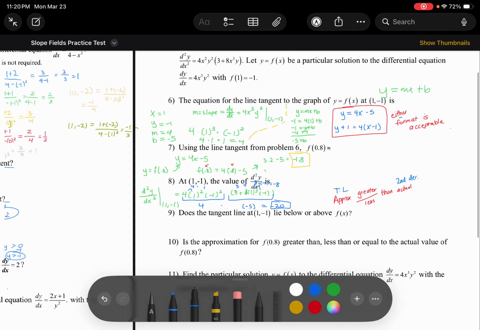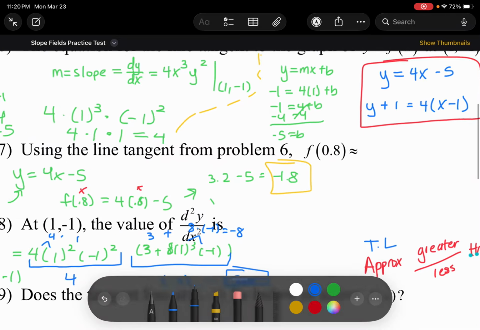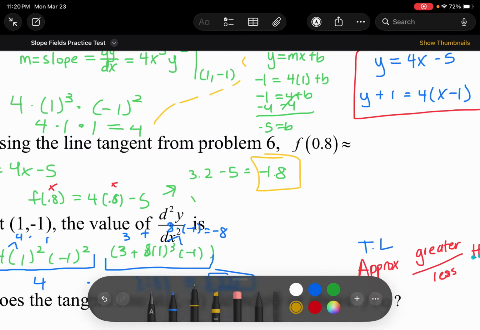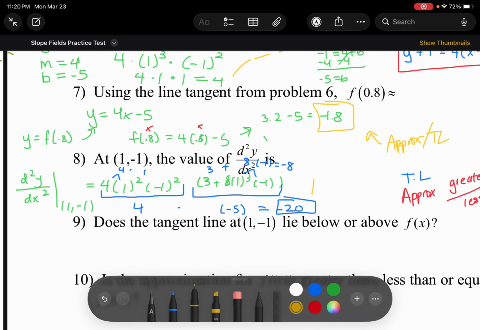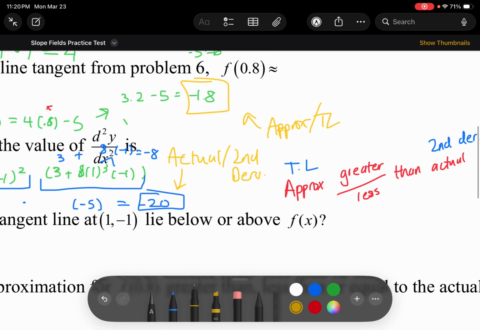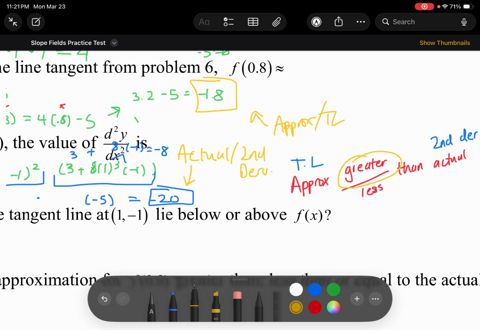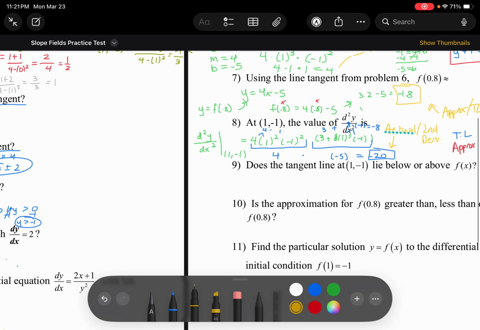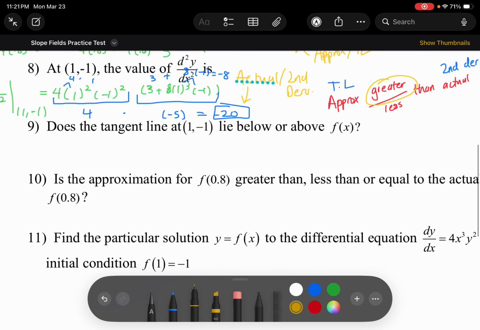Okay, so this is your approximation, or your tangent line, and this is your actual, which is your second derivative. Okay, is it greater? So is your approximation, is negative 1.8, greater than negative 20? Yes. So does your tangent line lie below or above f of x?